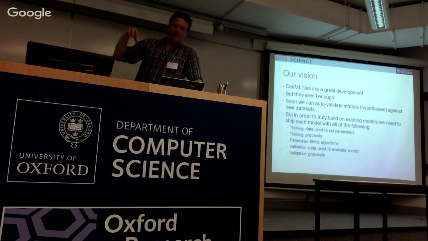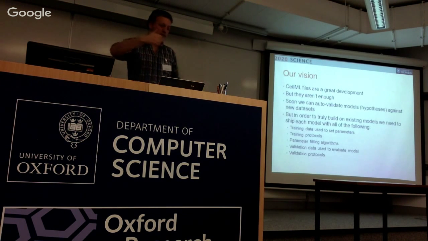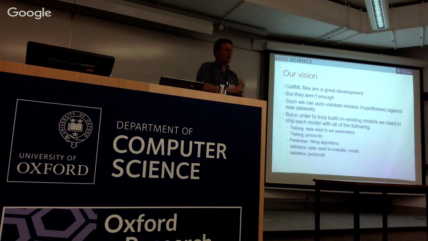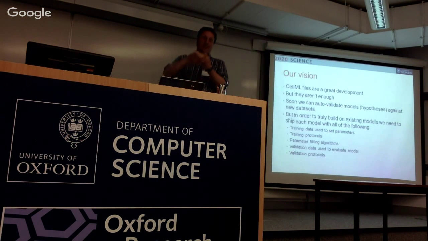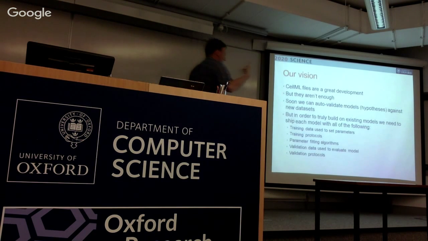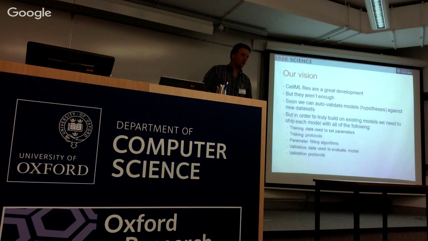But I think in order to really be able to take a model out of the literature and use it in a sensible way, you need to have all the data that we used to train that model, all the protocols that we used to train that model, all the training algorithms need to be provided as well. And if you want to evaluate predictive power, then validation data and validation protocols.